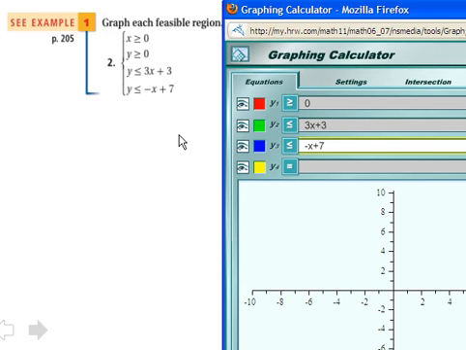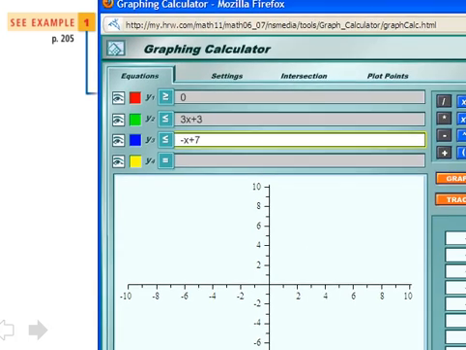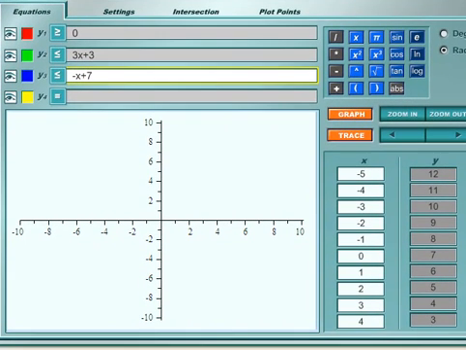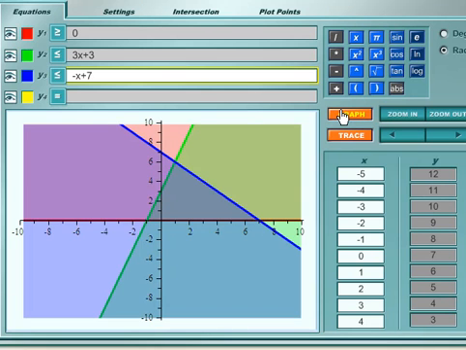Here's my graphing calculator. I've entered in the bottom three inequalities, and let me pull that in here so we can take a look at it. Once you have these entered into the graphing calculator, you click on graph, and it graphs our inequalities for us. As I mentioned, when x is greater than or equal to 0, we're talking about this vertical line here, and everything is shaded to the right.